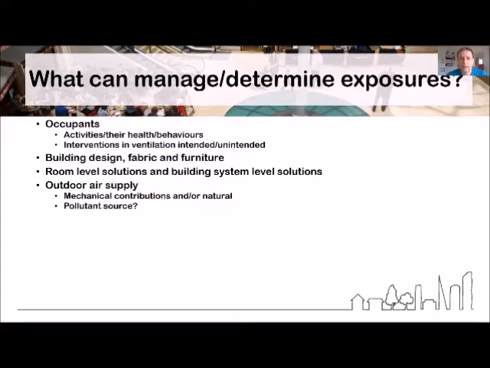Obviously, ventilation, so the supply of outdoor air, is a key tool to mitigate exposures, and how we supply that air mechanically or by natural means, so temperature differences and wind forcing, can affect exposures. And of course, outdoor air in itself can carry pollutants. The U in FUVEN stands for urban, so we're implicitly thinking about urban environments here where outdoor pollutants can be significant.